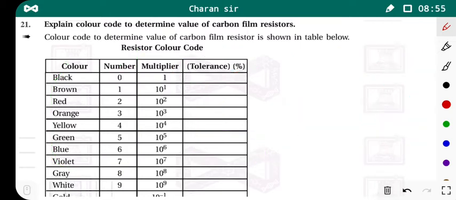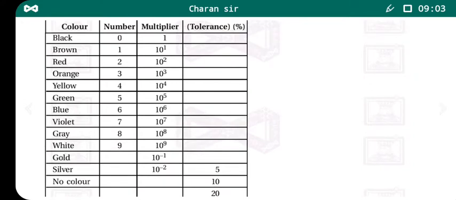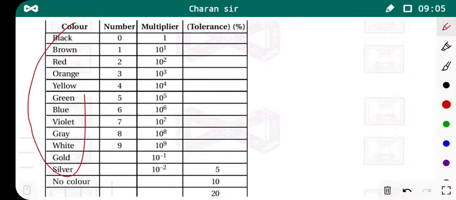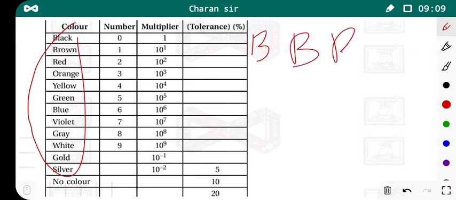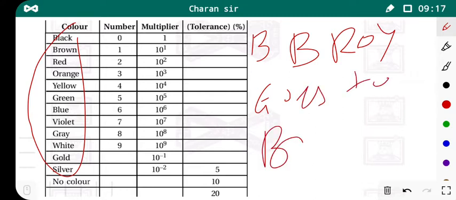First of all, you must remember this tabular representation. How can you remember the sequence of the colors? For that, remember one sentence: B B Roy goes to Bombay via Gateway.